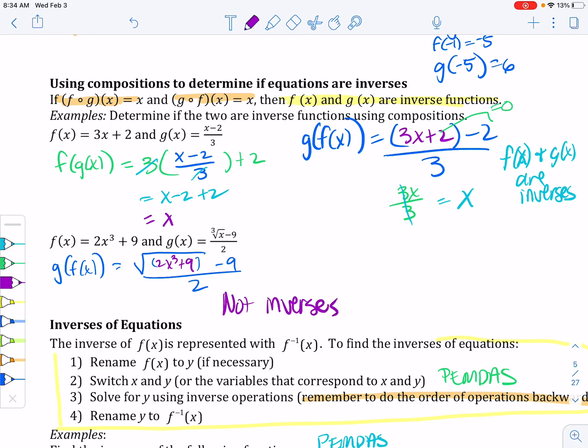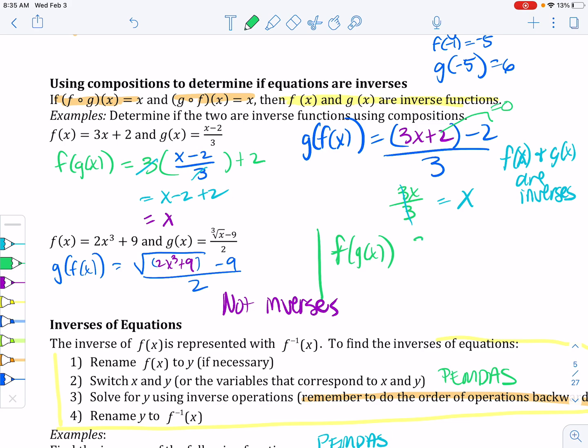Okay. Now, if perhaps you had tried the other direction first and you did f of g of x. Now, if one of them isn't equal to x, then you don't have to try the other way. I'm just showing you, had you picked the other way, that you would get a similar answer that doesn't simplify to 0.